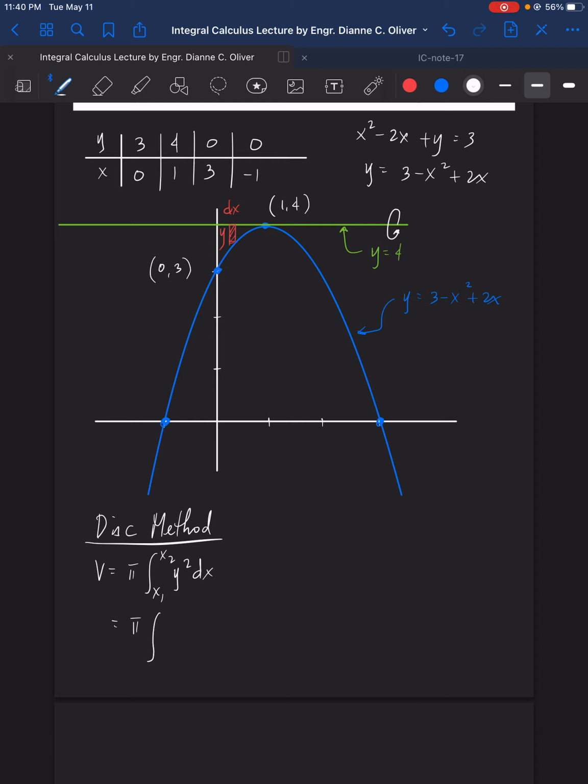Our y upper here is 4, minus the y lower, which is 3 minus x squared plus 2x. Then we will close it with squared dx. Now, if you've been noticing, when it comes to this method, we got the square outside the parentheses.